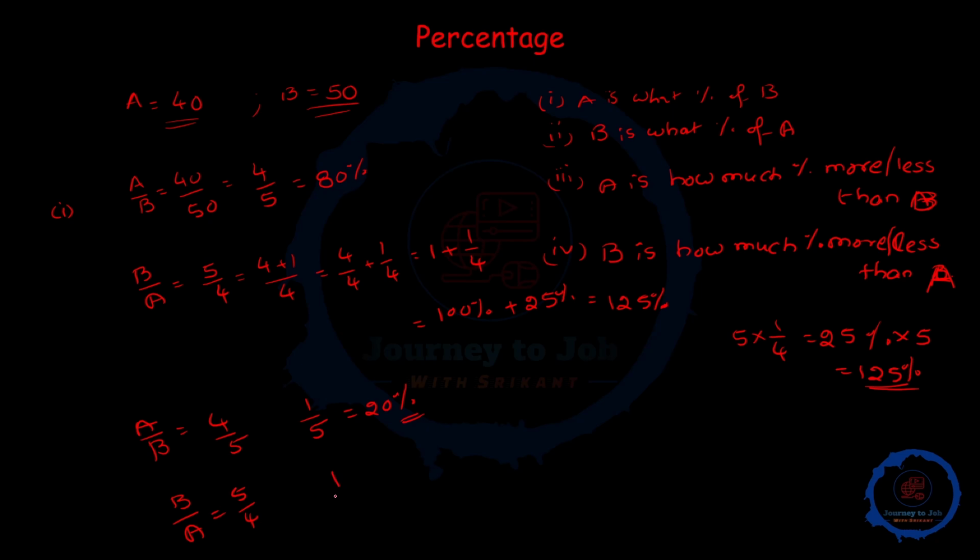So 1 more than A, because A is 4, B is 5, means B is 1 more than 4. If you convert this fraction into percentage, you will get 25%. So B is 25% more than A. This is how we calculate.